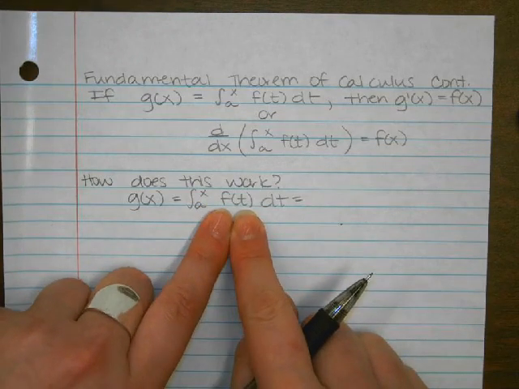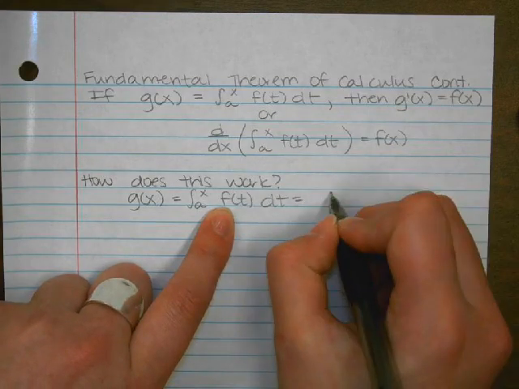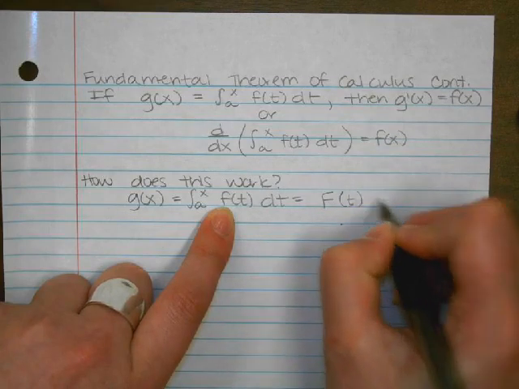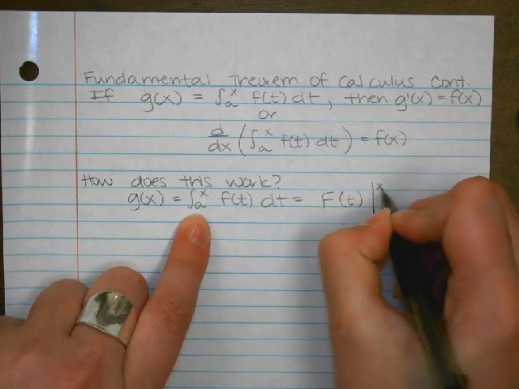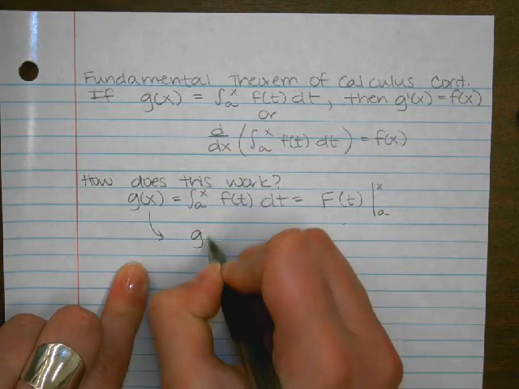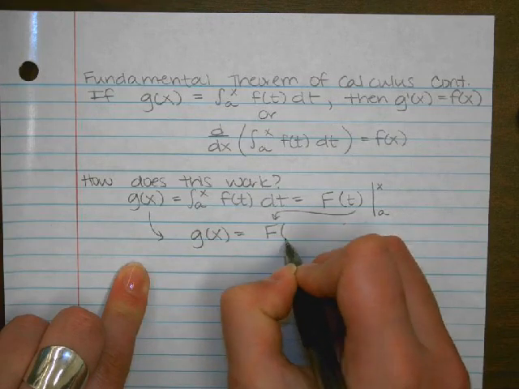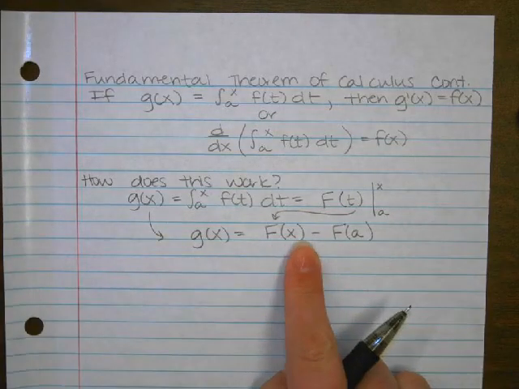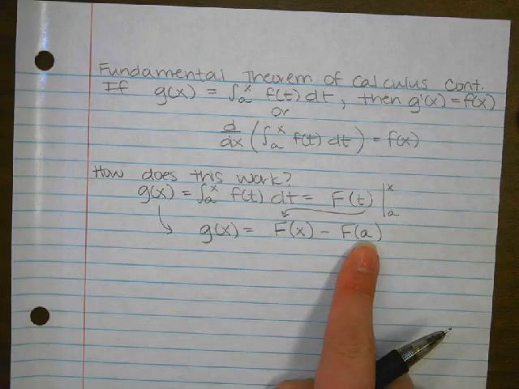We're going to take the antiderivative of that function, which is capital F of t, and evaluate that antiderivative from a to x. So g of x gives us capital F of x minus capital F of a. That's the antiderivative evaluated at x and evaluated at a.